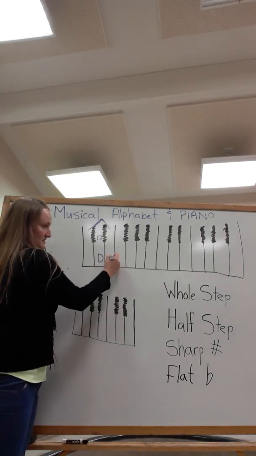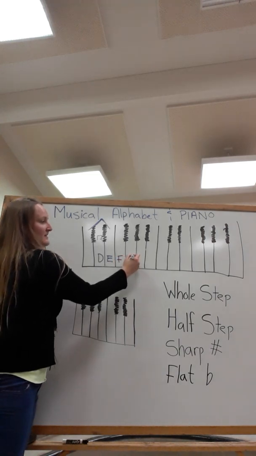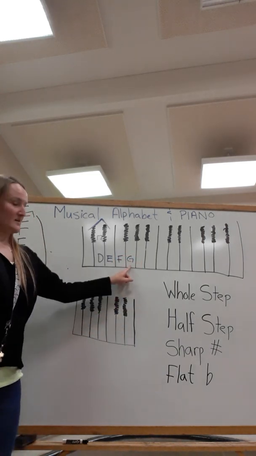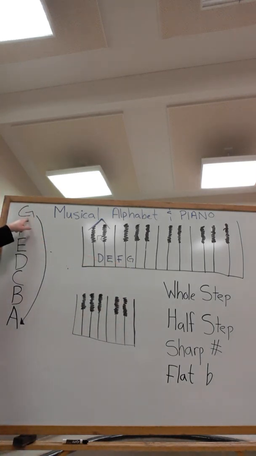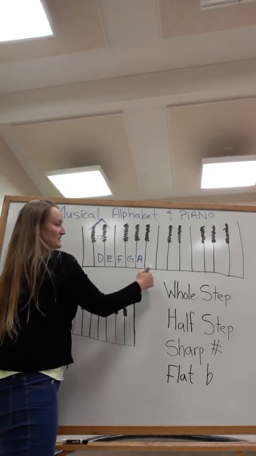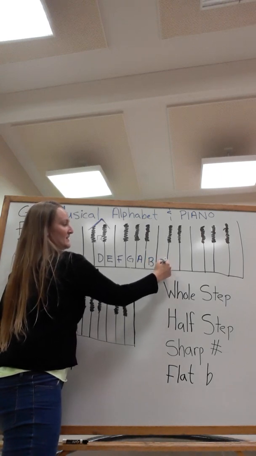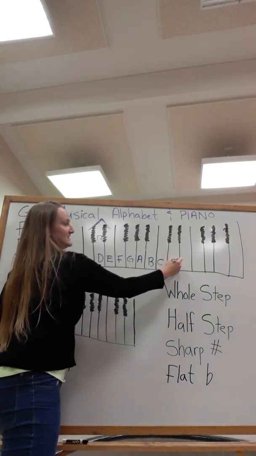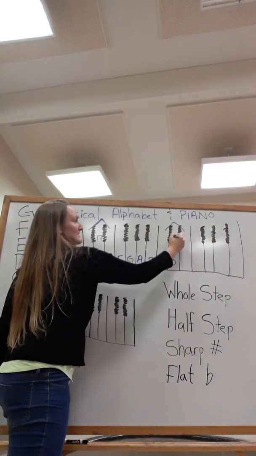It would be E. Next up would be F. And then G, and what comes after G in the musical alphabet? We have G right here, and it loops back down, boop, to A. So this is A, the next one would be B, and then we have C, and then we're back to D. And do you notice how, once again, the dog is in the doghouse?